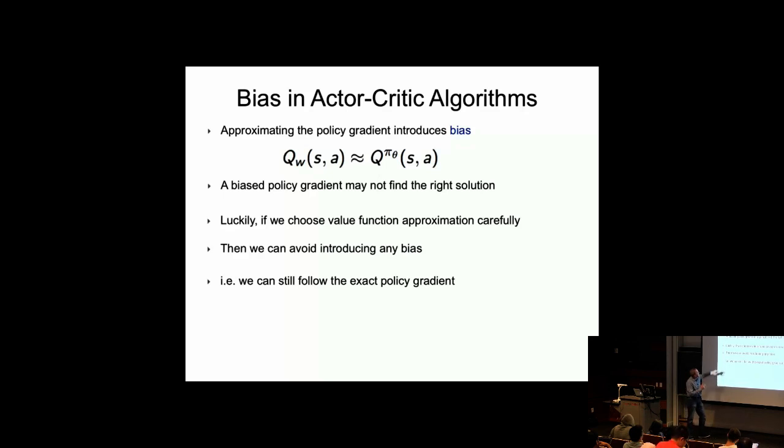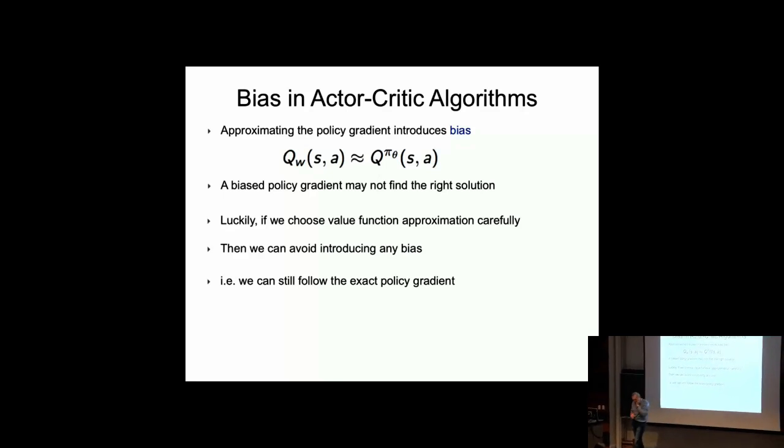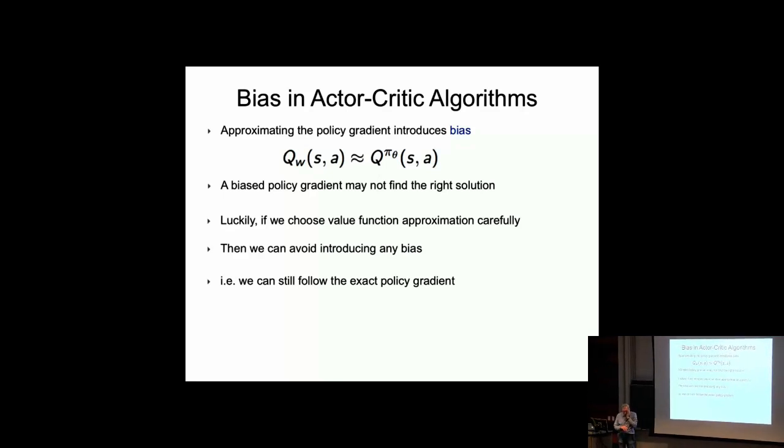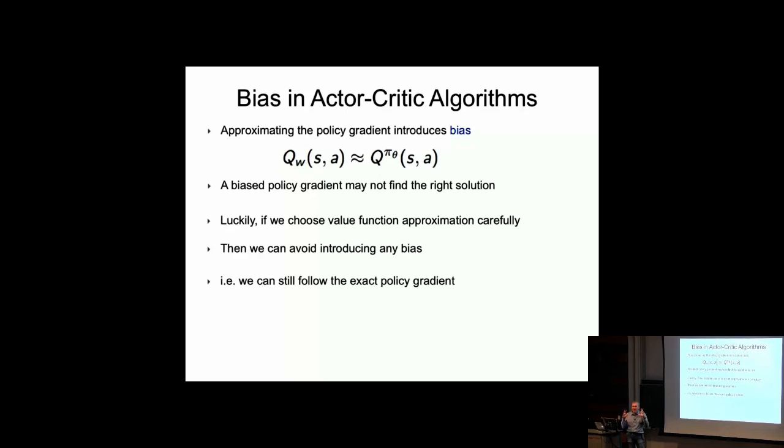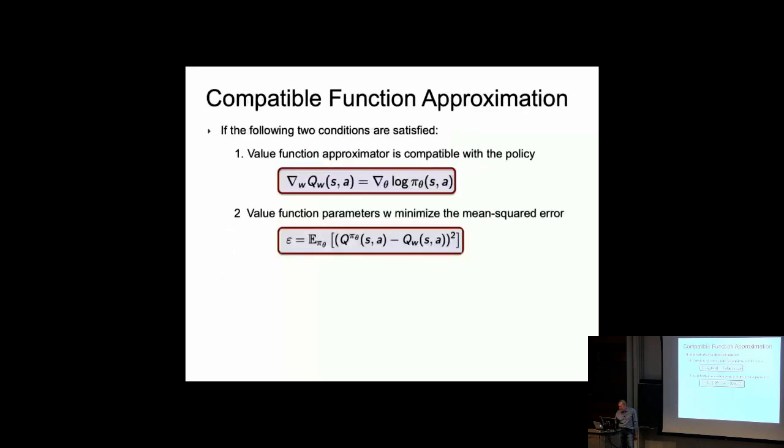But if we choose this in a particular way, we can avoid introducing any bias. That is, we can make sure that our training data is unbiased in the sense that in expectation, it gives us the values we want. And in that case, we can still follow the exact policy gradient. So what are those conditions?